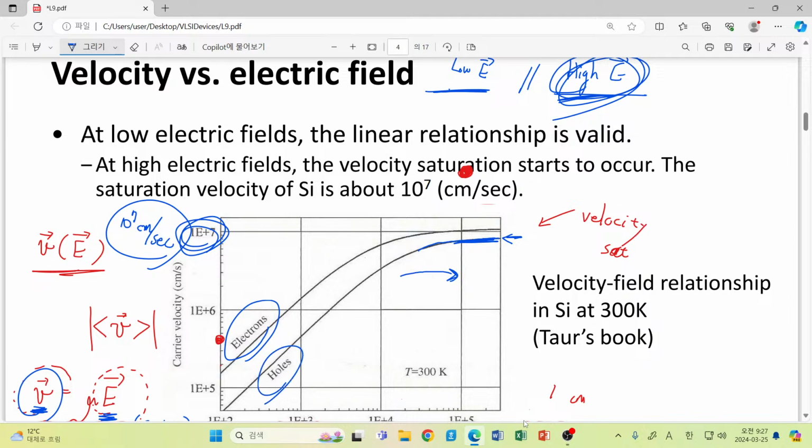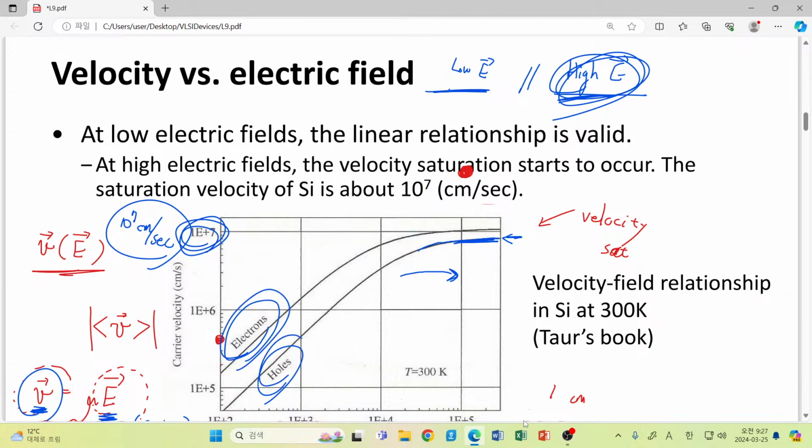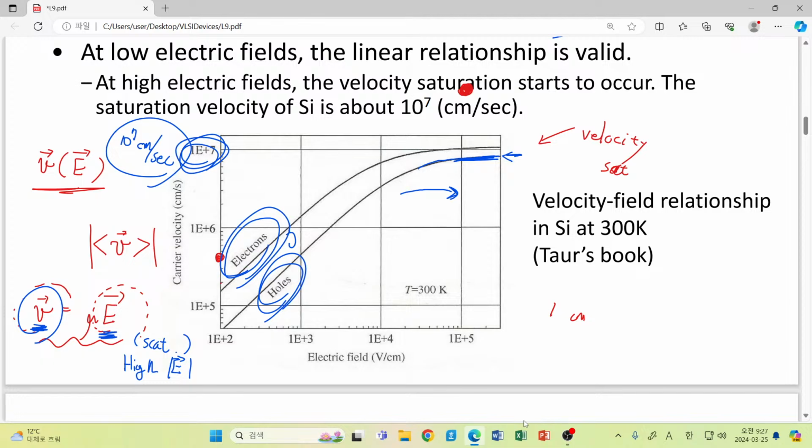And everybody in this room understands electrons have some tendency to show higher mobility than holes. So if we compare electrons and holes, maybe you feel that the electron is better, for example, since it has higher mobility. However, please have a look at this graph.